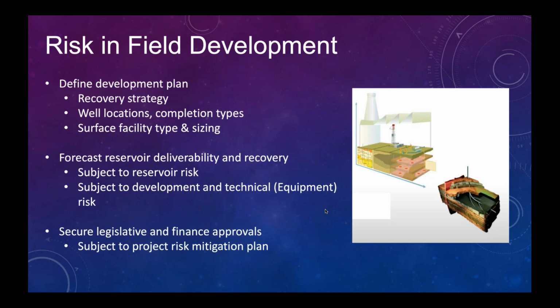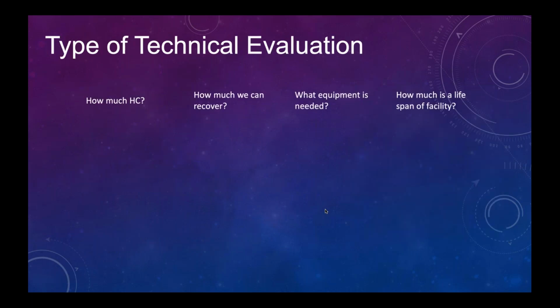We ensure that from all perspectives, whether it's the technical evaluation we do to quantify how much we have and how much value we have, and along with that, does it have a commercial value? Is it economic to run? Can we invest in that project? Does it generate profit or not? All of that will be evaluated accordingly. Those are all in the risk part. So we need to come up with a probabilistic scenario so that we manage all of those uncertainties as we move forward.